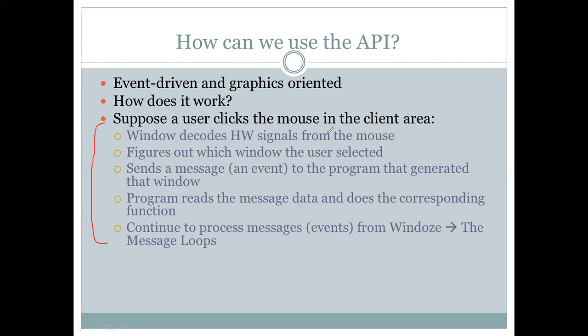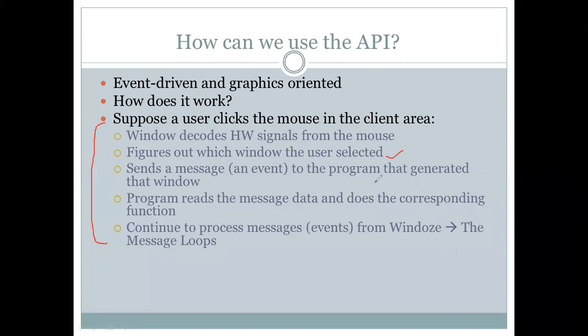Whatever action is performed with the mouse, Windows decodes the hardware signal. Then it figures out which window the user selected. Then it sends a message or event to the program that generated the window.